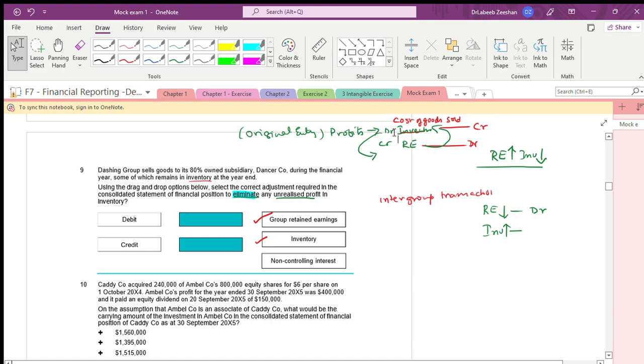Now we are reversing it. When we reverse it, the retained earnings has to decrease, and when retained earnings has to decrease, it will be debit. They should have used cost of goods sold, it would make it more simple.